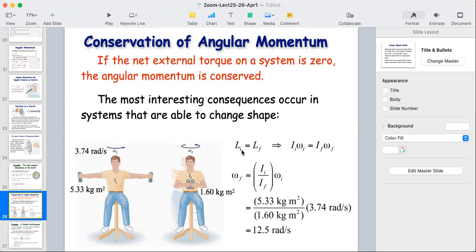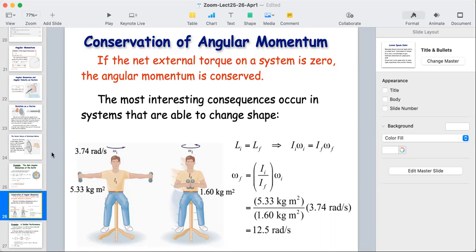So look what happens. The initial angular momentum is equal to the final angular momentum, which means I omega initial is equal to I omega final. So omega final is equal to I initial divided by I final, times omega initial.